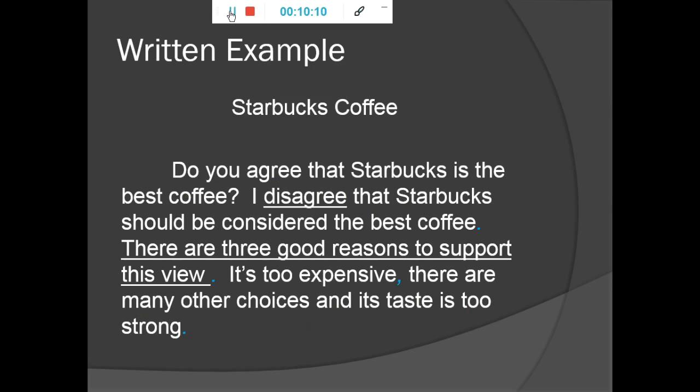And now the next part is I have the preview of my 3 reasons. And I explained that I'm going to talk about my 3 reasons directly. So there are 3 good reasons to support this view. It's too expensive. There are many other choices, and its taste is too strong.